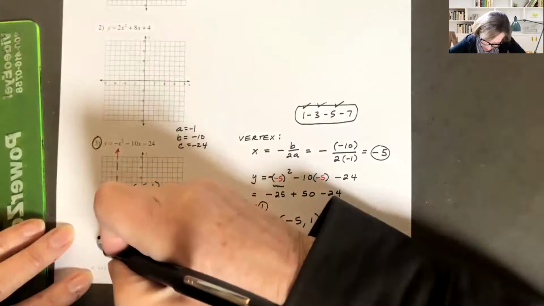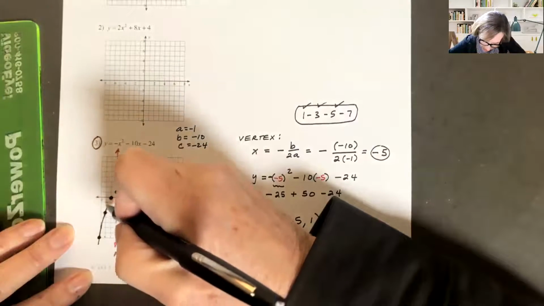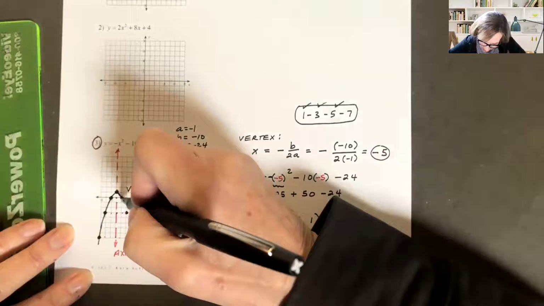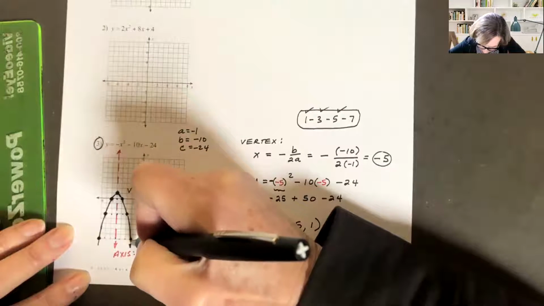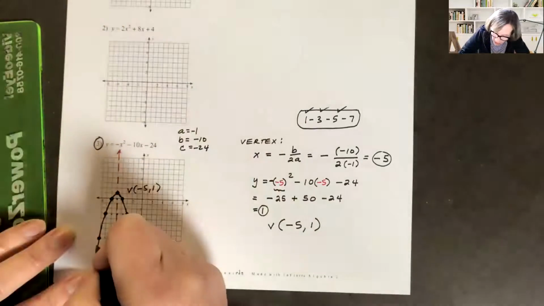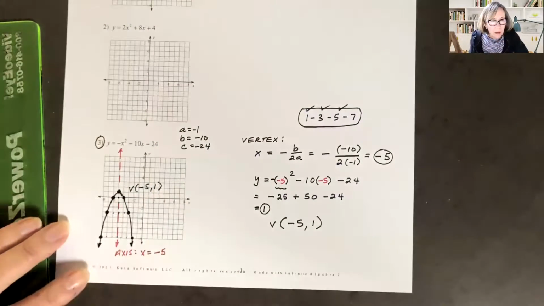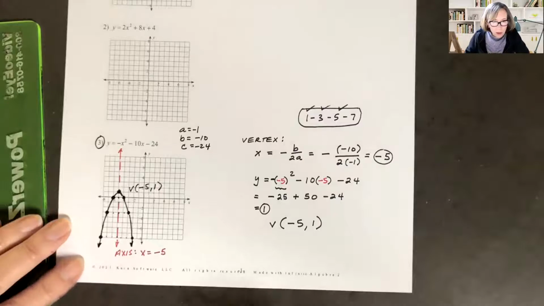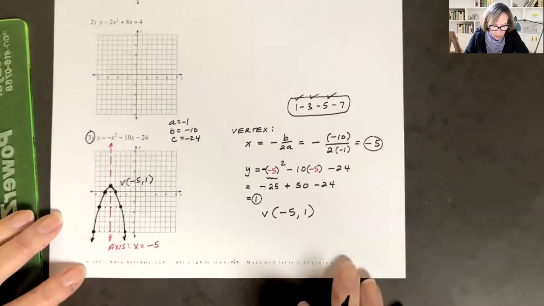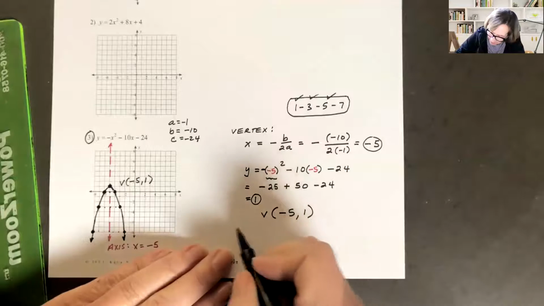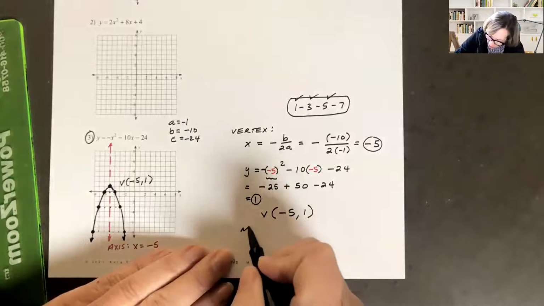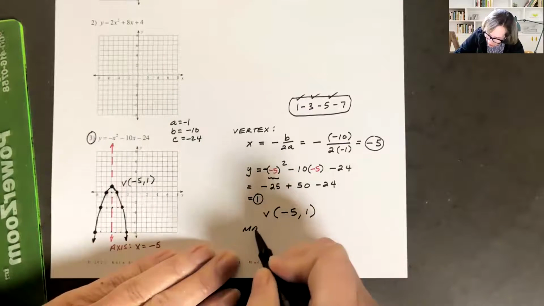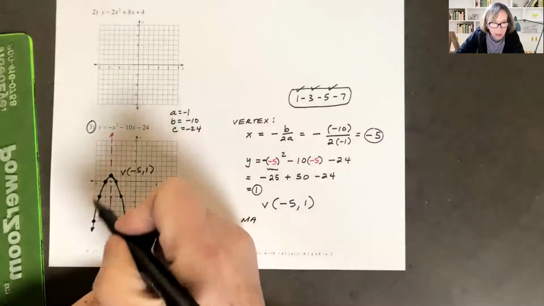Okay, so now I'm going to try and sketch in something as nicely curved as I can with arrows on each end to show that this goes infinitely down. Okay, so there's the sketch of my graph, and now I've got to name the maximum value, because this is pointing down.